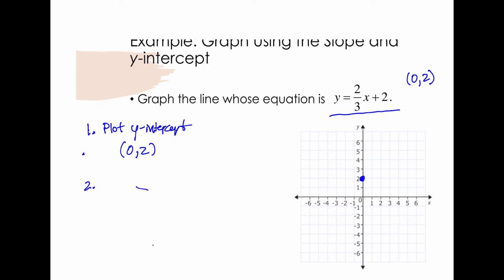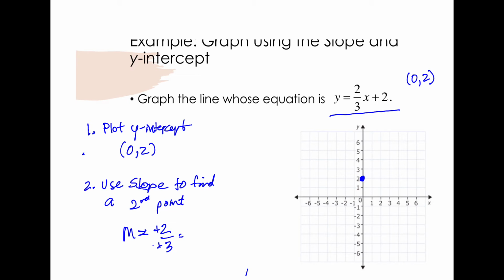And then second, we're going to use the slope to find a second point. All we need really for a line is 2 points. So if my slope is 2/3, that's positive 2 over positive 3. You could also, since it's positive, think of it as same signs, negative 2 over negative 3.